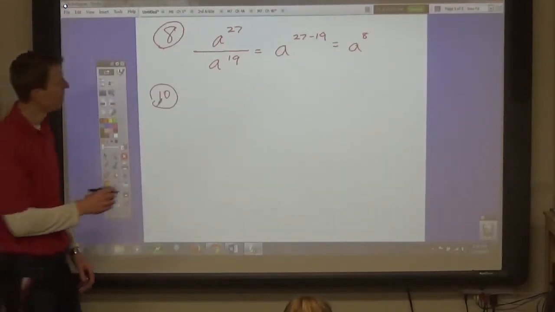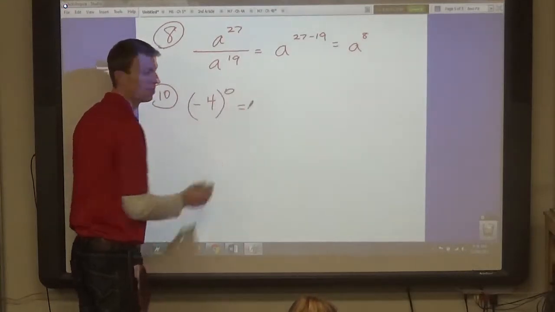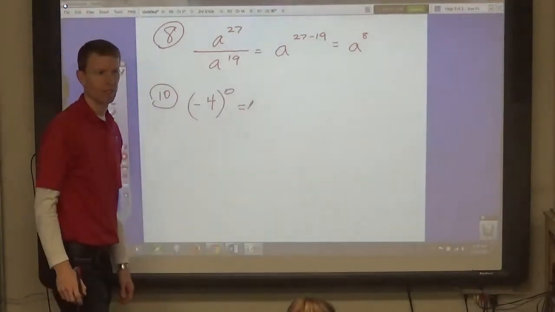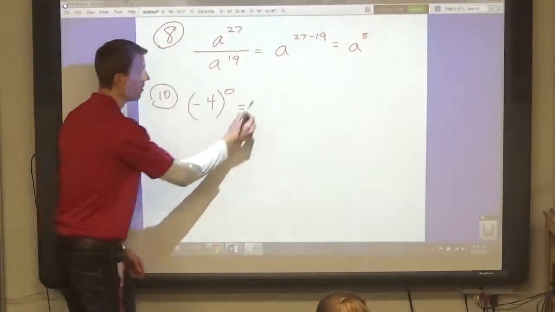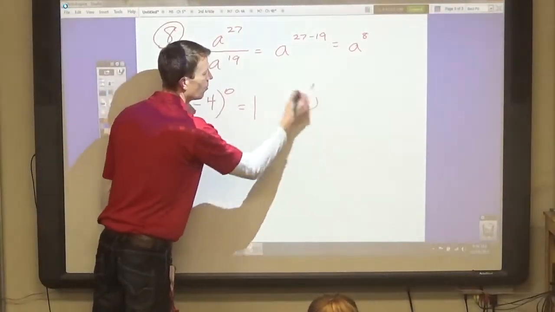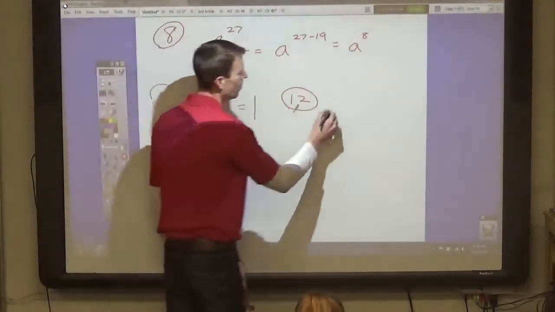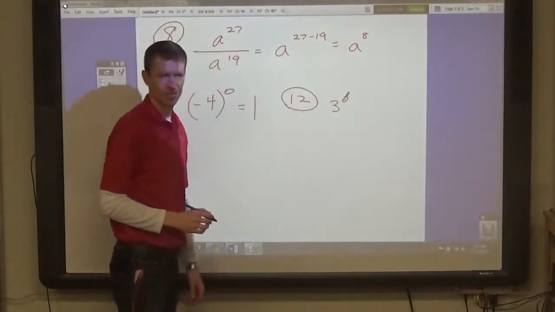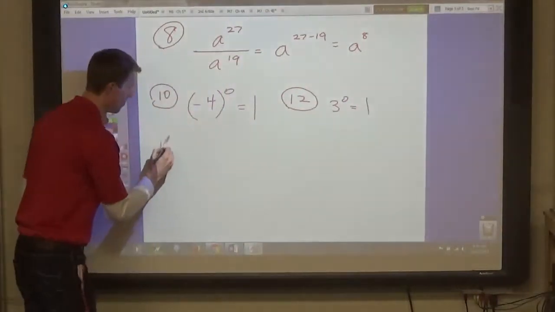Number 10. Negative 4 to the 0 power equals 1. Number 12. 3 to the 0 power, 1. Number 14.